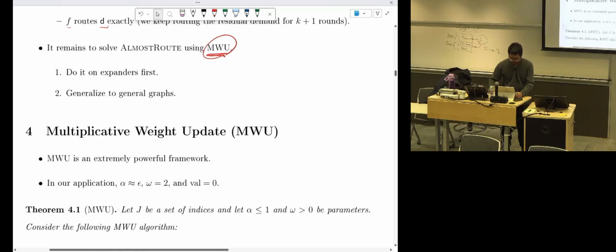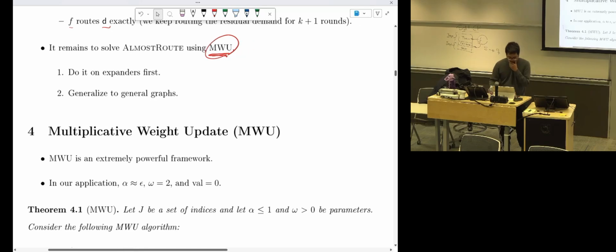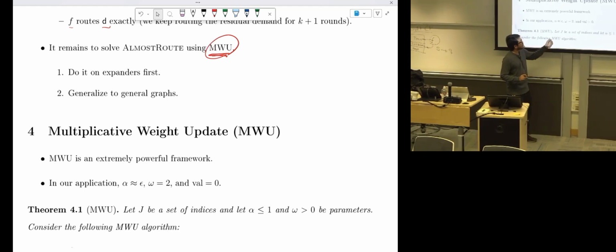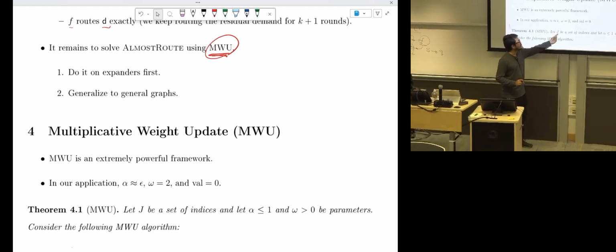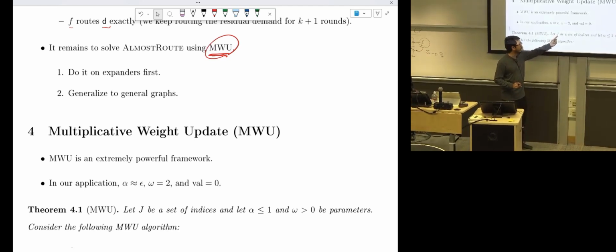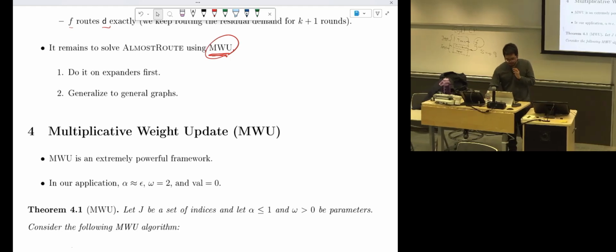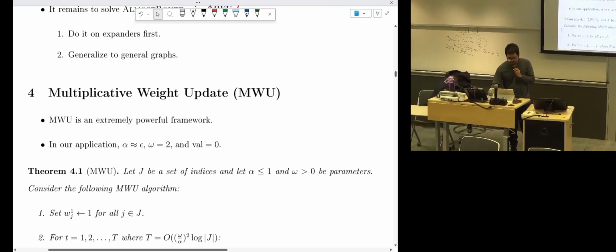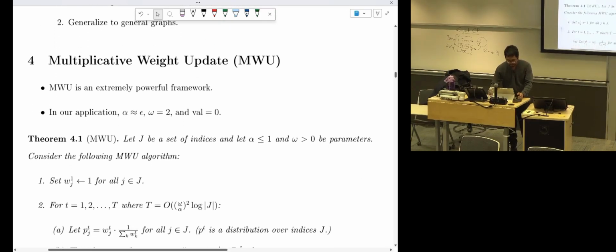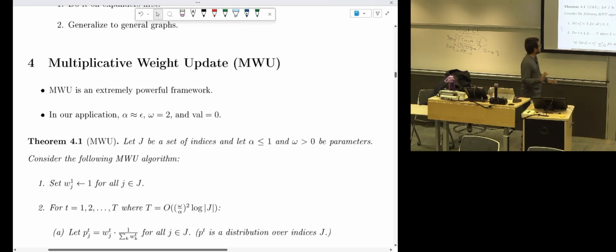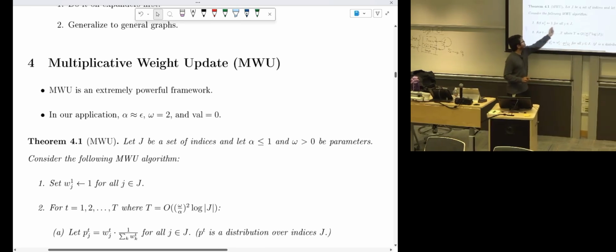And it works like this. The theorem is that you're going to have a set of indices J. Think like you have |J| many choices, and there's some parameter, which doesn't matter for now. Initially, for each index, I just initialize my weight to be 1.